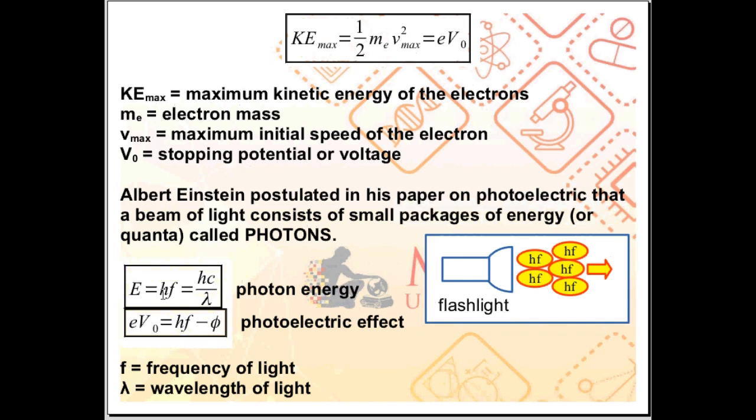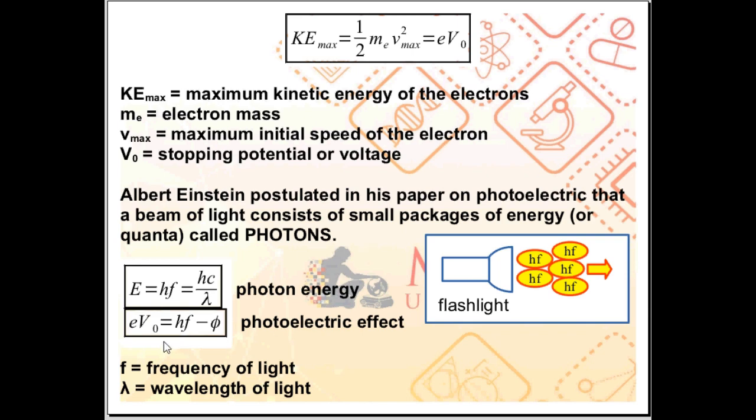If the beam of light is of sufficient frequency, meaning the photon energy is sufficient, when the photons are absorbed by the electron, it will gain enough energy to be able to escape from the material, to be emitted by the material.